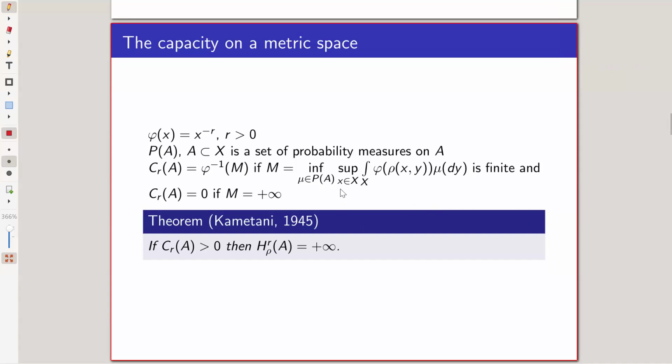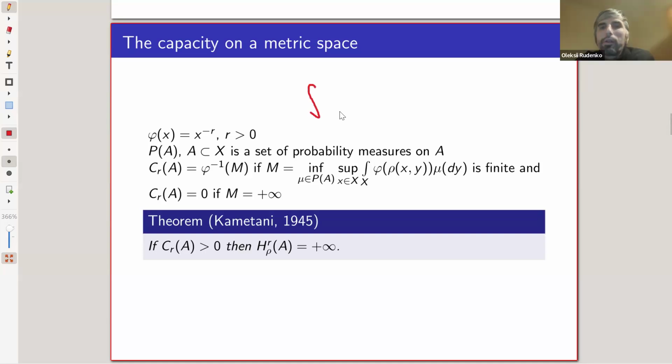Alexei, let me ask you, capacity is now defined in such a way, or what? Yes, it is defined like this. It is a standard definition from the paper of Kamitani. I think that when we have the initial Newtonian capacity, we can use another definition, and even relate it to the possibility of Brownian motion to visit the set, yes?